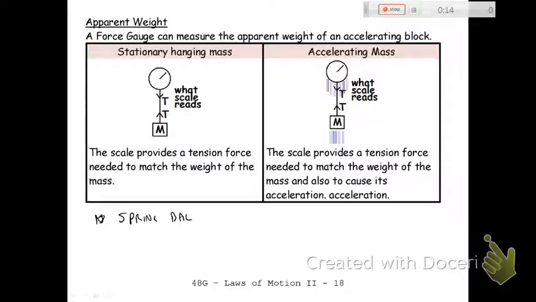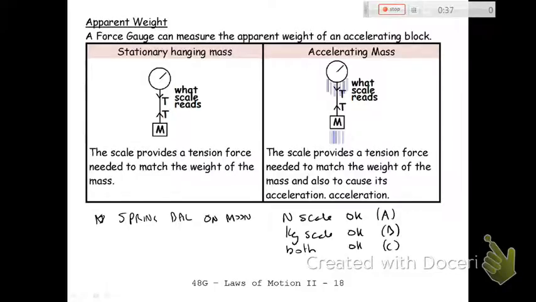On the moon: Newton scale okay, that's A. Kilogram scale okay, that's B. Both okay, that's C. Neither, that's D. Vote. Let's see. Very good.